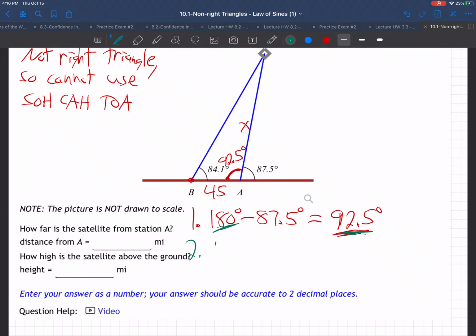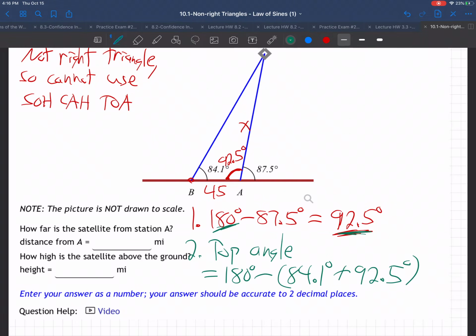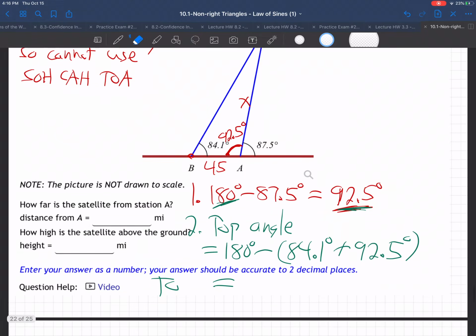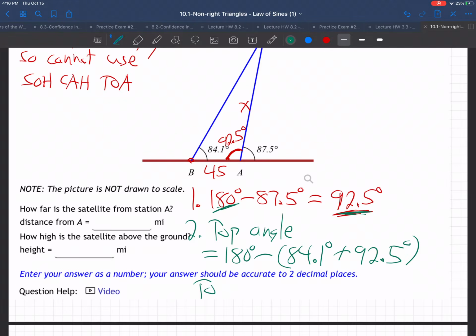Now we can find the top angle, because every triangle holds 180. So the top angle is going to be 180 minus the other two angles added up, 84.1 and the new one we found, 92.5. I'm getting 3.4 degrees.